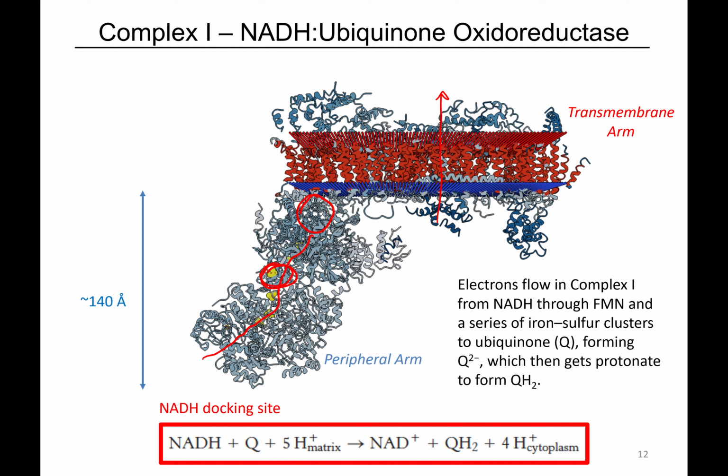Ultimately, it gives 2 electrons to coenzyme Q, resulting in an oxidized NAD+ and a reduced coenzyme Q. We also pick up 5 protons from the matrix. 4 of them get pumped across. 1 of them, along with the proton from NADH, is given to coenzyme Q for it to be in its reduced form.